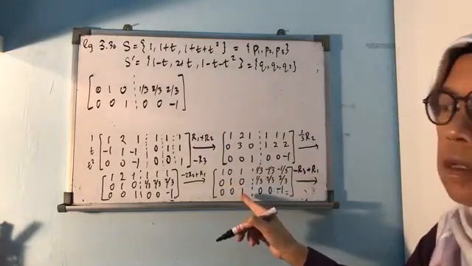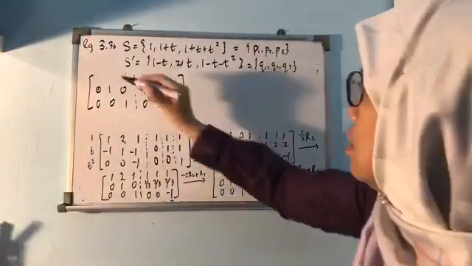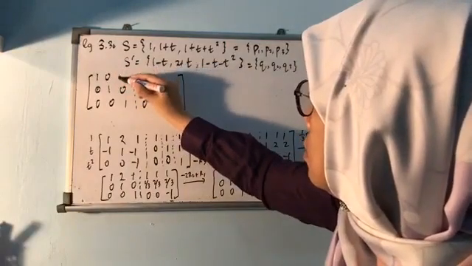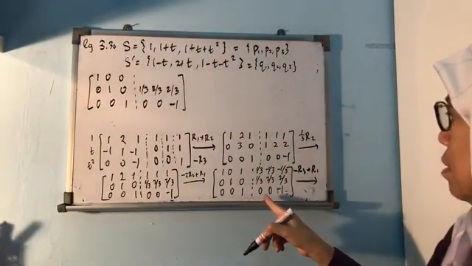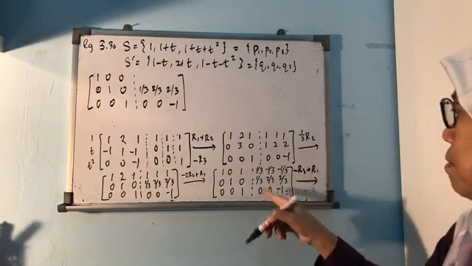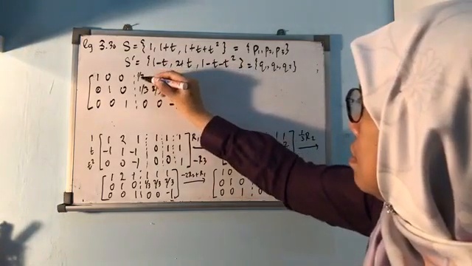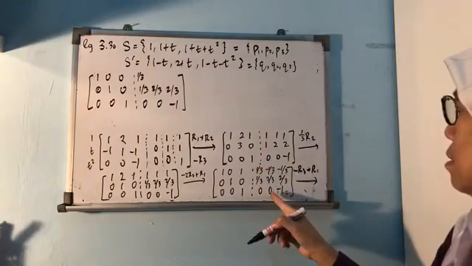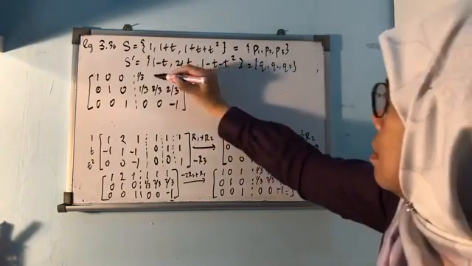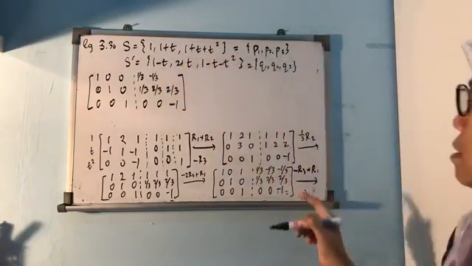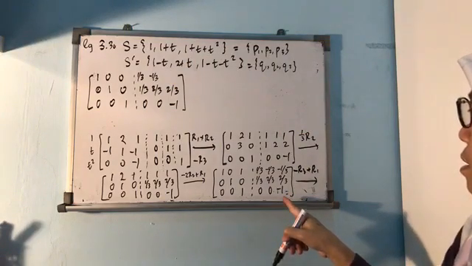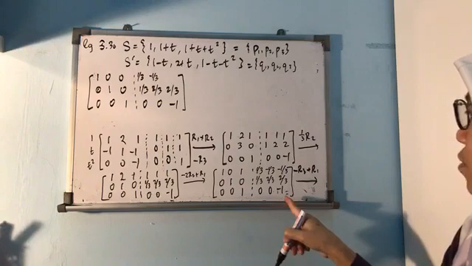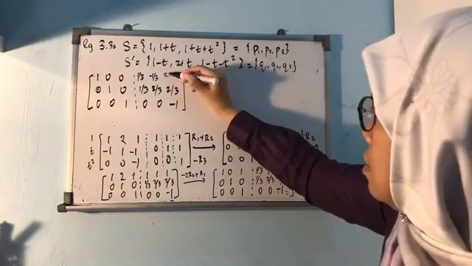And then 1, 0, 0, plus, negative row 3, 1 plus 2/3, right?